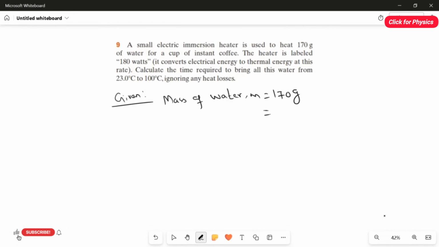So we have to convert this to kilogram. So 170 multiplied 10 power minus 3 kilogram. And then in that heater, its power is mentioned. So the power mentioned in the heater is 180 watt. And we are going to find the time.